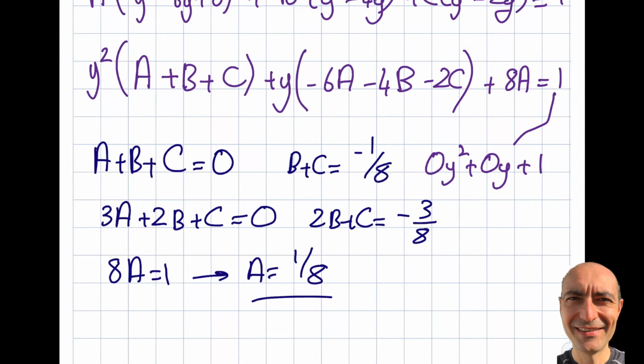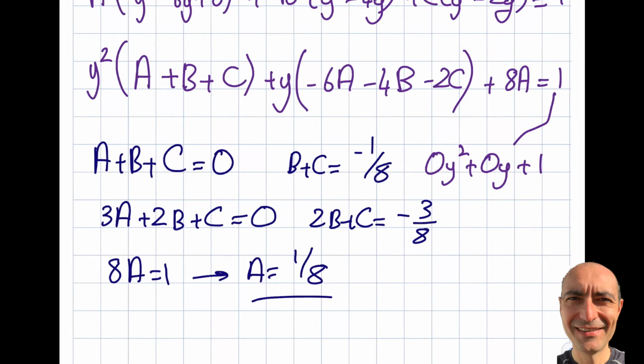I simply plug this a value to here and rewrite this. I'm just saving some time. I don't want to go over it over and over again. So let's say that I subtract this equation from this. If I subtract them side by side, you will see that the c's will cancel.